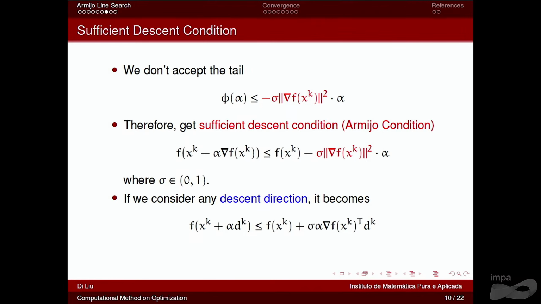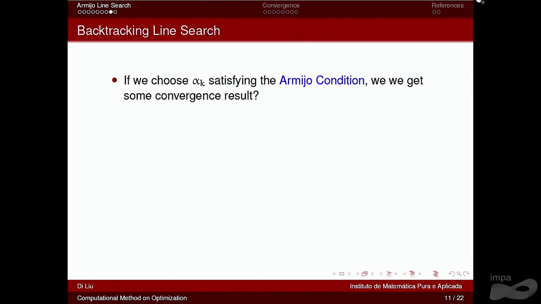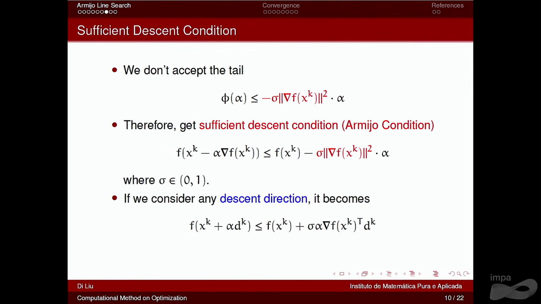Because here we use the negative gradient as a direction vector, but actually you can use any direction which is a descent. So if you use any descent direction, you have this inequality. Of course, the sigma also belongs to 0 and 1. So we get what we want, the Armijo condition.